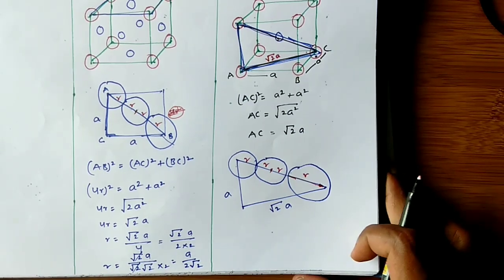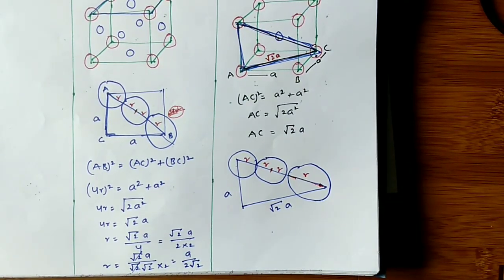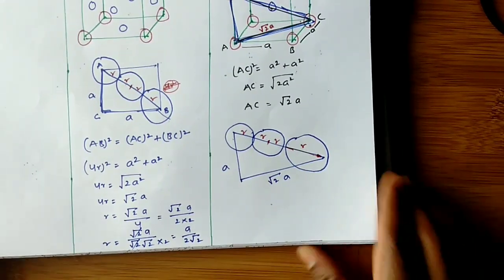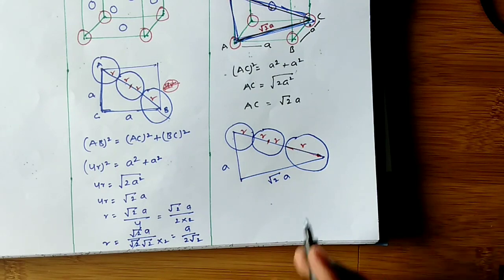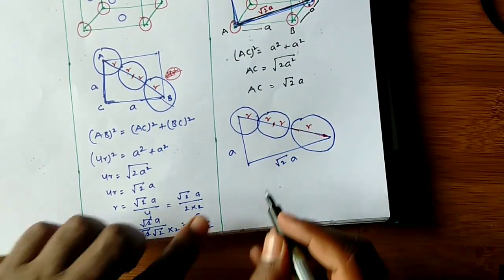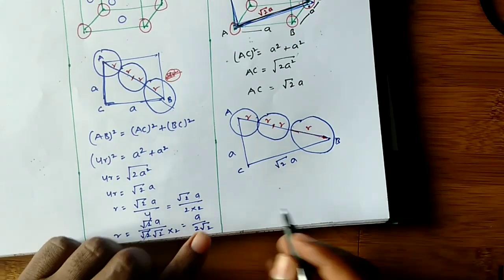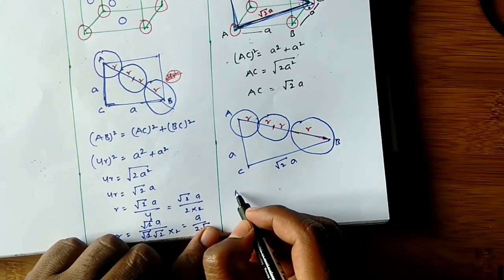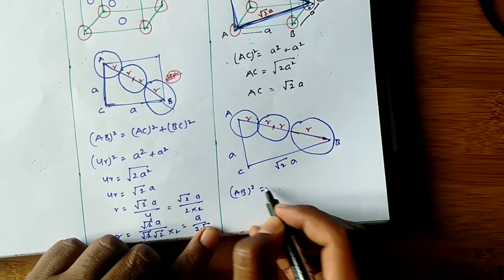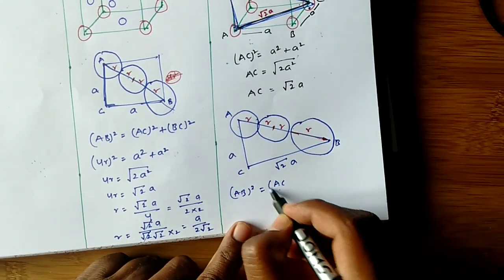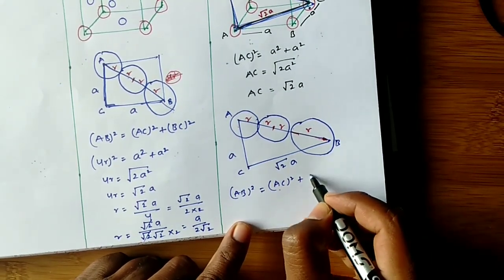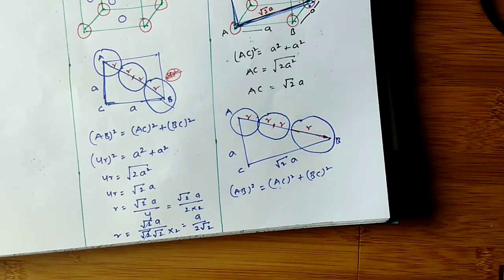Actually this diagram is not pretty good, just bear with me. Yeah, see the same thing here. According to Pythagoras, assume this a b c, so ab square is equal to ac square plus bc square.